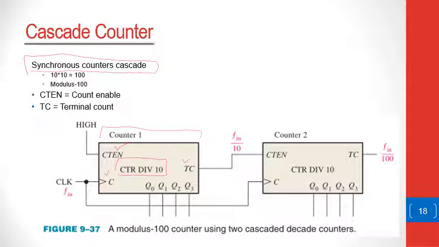So when you reach your terminal count of 10, then TC will transition to go high.